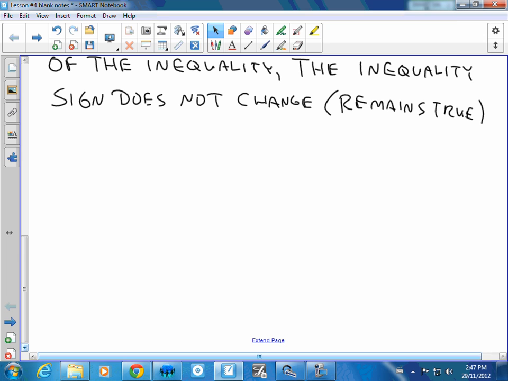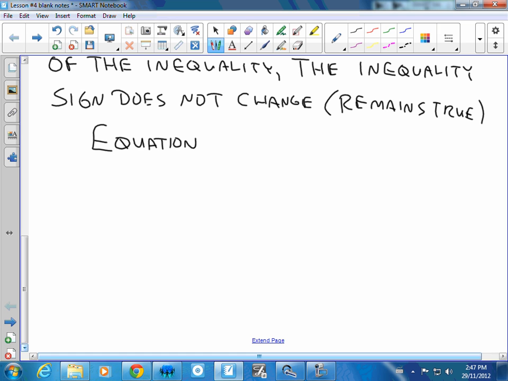Okay. So here's a question for you. Or here's the little one. This is an equation. H plus 3 equals 5. There it is. We've done tons of these already. The key to solving any equation is to get the variable by itself. Is h by itself? No. What is attached to this h?